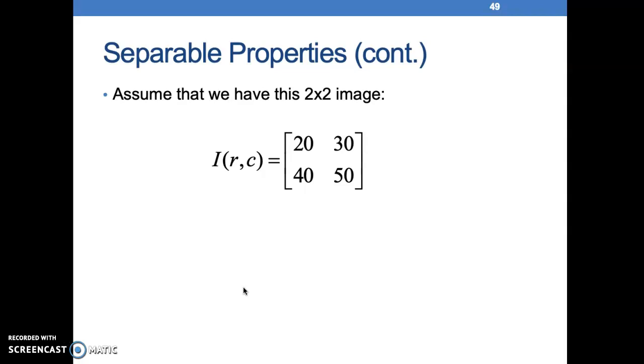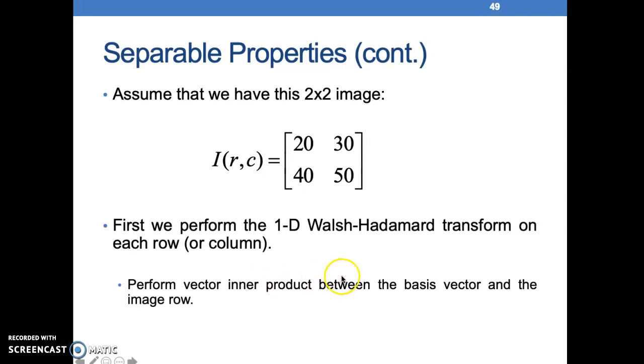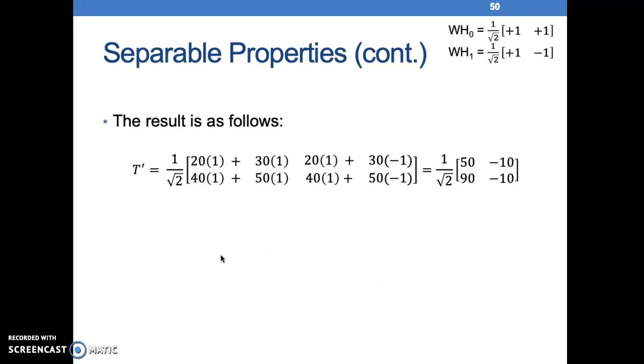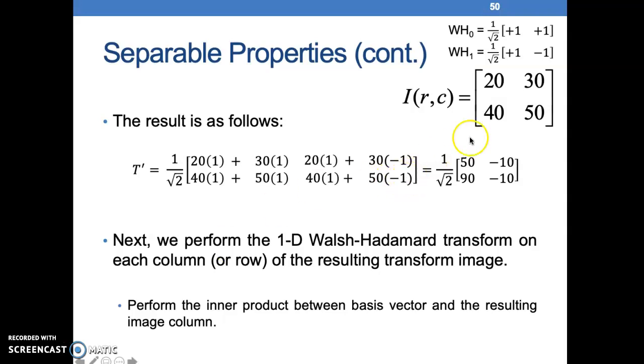With this input image, which is the IRC, you perform the 1D WHT on each row or column, where you perform the inner product between the basis vector and the image row. This is the input IRC, and this is the basis, with 1D basis vectors WH0 and WH1. In separable properties, you do the inner product as well, but based on the 1D basis.